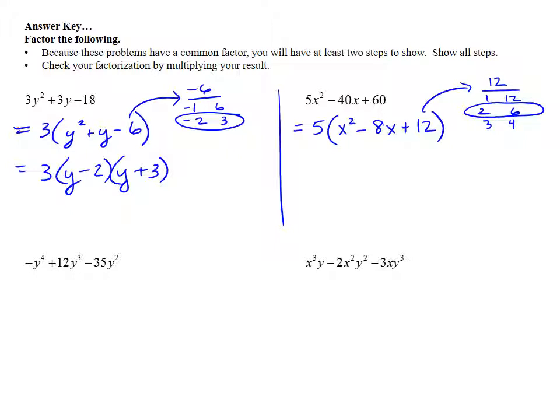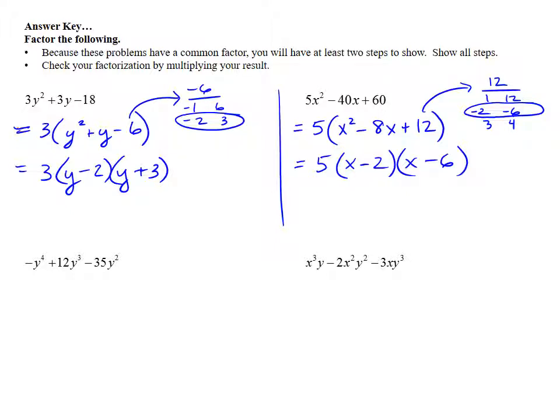We actually want negative 8. So remember, the other alternative, instead of two positives, is to use two negatives. So those two negatives will add up to a negative 8. So now I can take this trinomial and factor it into two binomials, x and x, for the x squared, and then use the negative 2 and the negative 6. There's my factorization. I'll come back to the check in a minute.